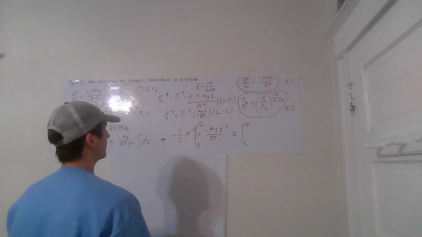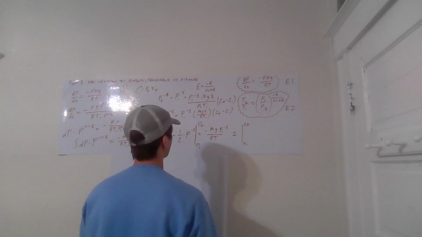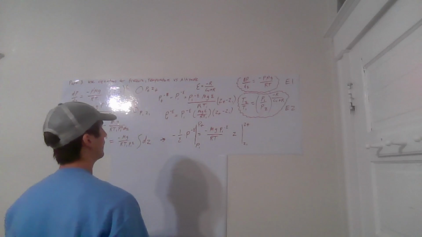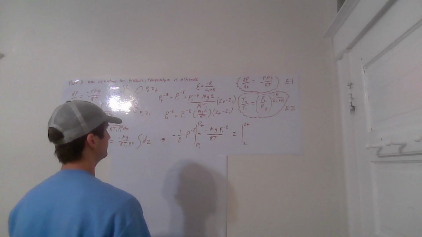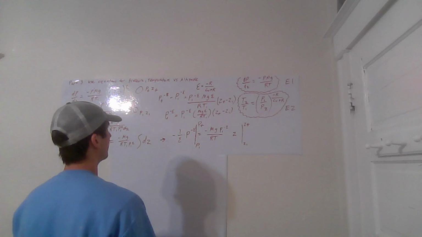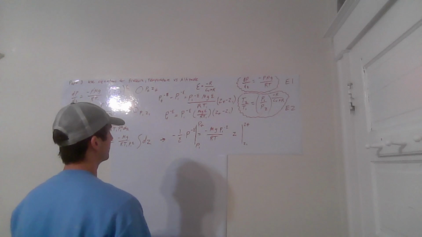And then to get rid of this negative epsilon, what we're going to do is multiply by -1 over epsilon to get rid of that.